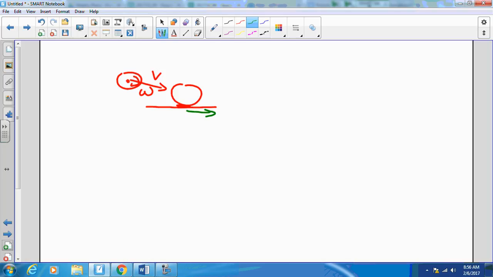And because it is pointing in this direction, it is going to increase the speed of the ball because it's pointing in the same direction as the velocity vector. So you have this force that is pointing not in exactly the same direction, but the cosine of the angle between is going to be positive. And so for that reason, it does positive work on the ball. And the result is that v prime is greater than v. That's it.